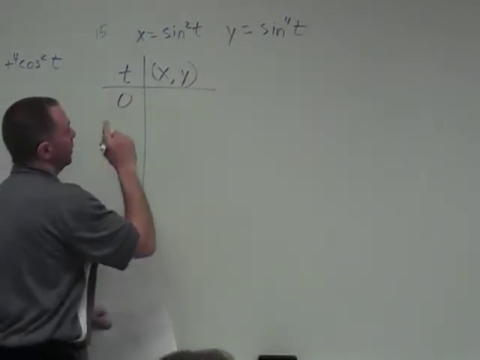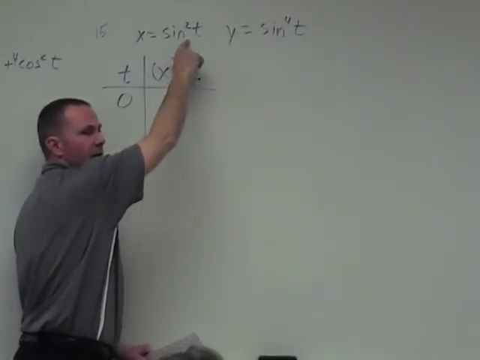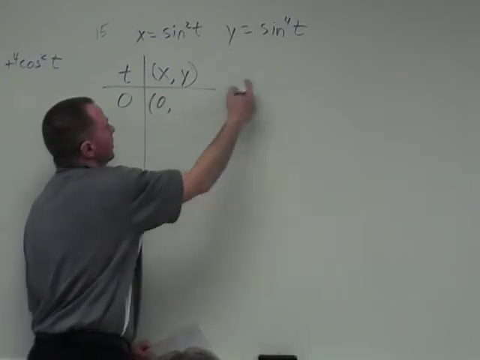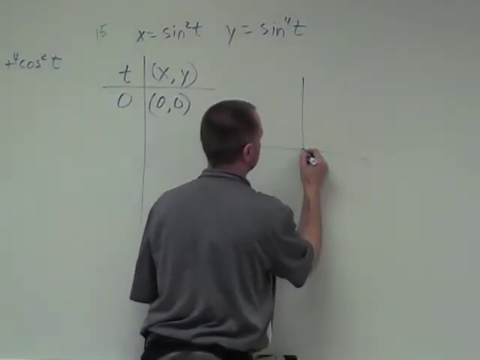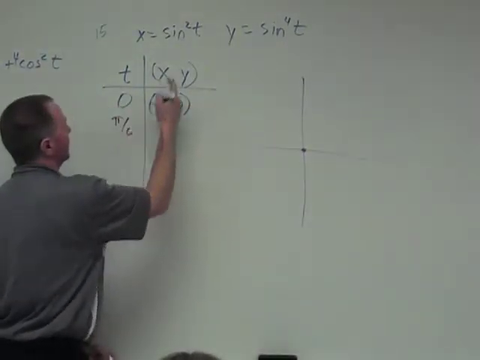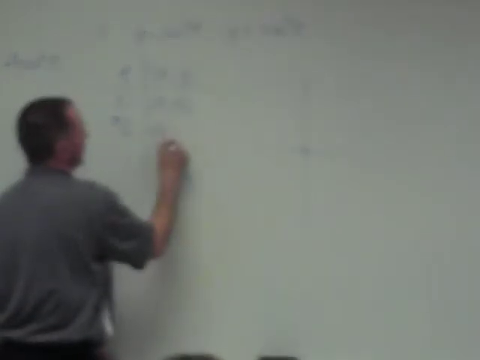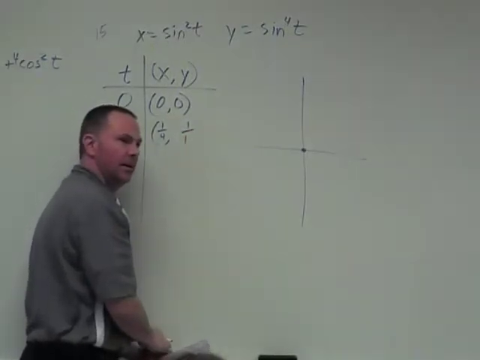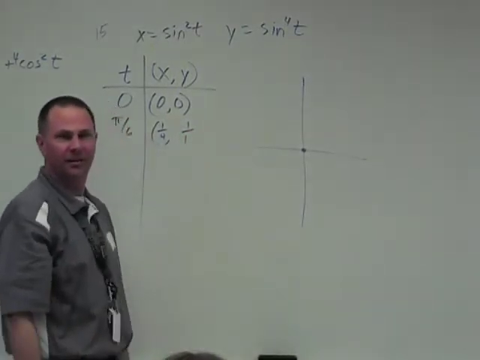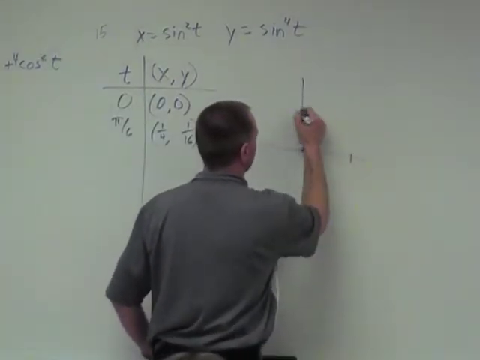We'll just get started. When at 0 degrees, what's the y value? 0. 0 squared is 0. 0 to the 4th is still 0. Alright, pi over 6, 30 degrees. What's the y value of 30? 1/2 squared is 1/4. 1/2 to the 4th is 1/16.